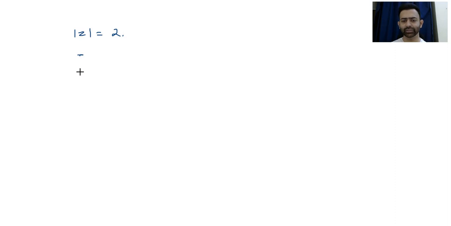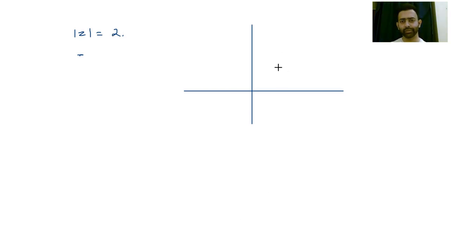We can represent any complex number in an Argand plane like this, so this z is moving in this two-dimensional plane in such a way that its magnitude is always 2.